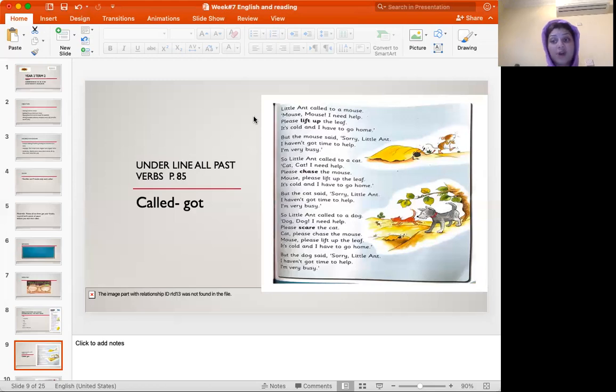So first she called for the mouse. She asked the mouse to help her to remove the leaf. But he didn't help her. He told her, "I haven't got any time for you." So she found the cat. She asked the cat to chase the mouse and to tell the mouse to help her. But the cat refused. She told her, "No, I cannot. I don't have time." Then she found a dog.